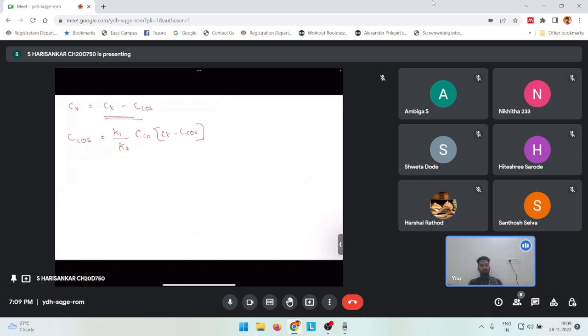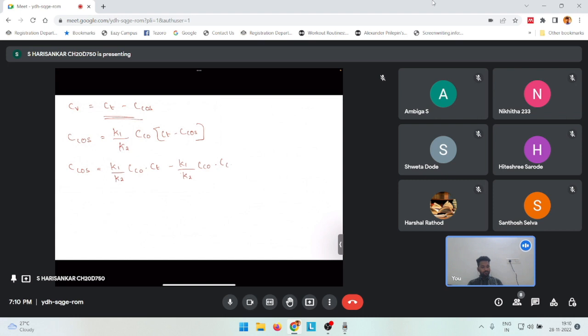Now there are CCOS terms on both LHS and RHS, so we just have to rearrange this. CCOS is equal to K1 by K2 CCO into Ct minus K1 by K2 CCO into CCOS.